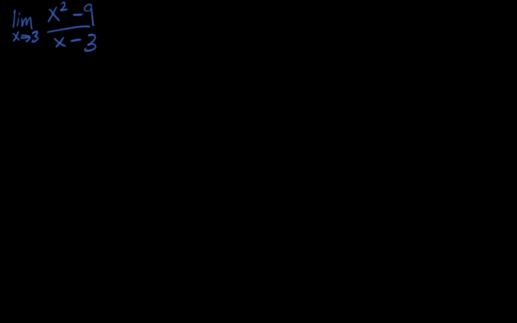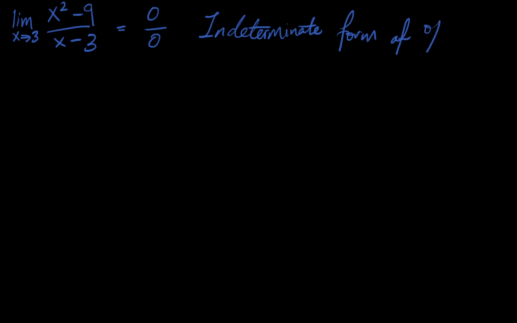Now, take a moment for yourselves and think about it. Assuming that you just thought about what's happening, you can tell that it's going to turn out to be 0 over 0. So, this is what we call undefined, or also the indeterminate form of 0 over 0.